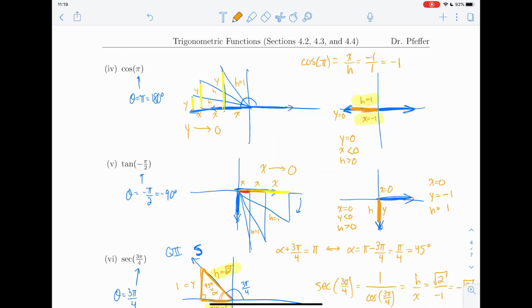So as soon as we have this information about what's going on at -90 degrees, we can now turn around and say, oh, okay, cool. Maybe we'll come down here to the bottom left and we'll say that the tangent of -pi/2 is going to be opposite over adjacent, where the y is a -1, the adjacent is a 0.